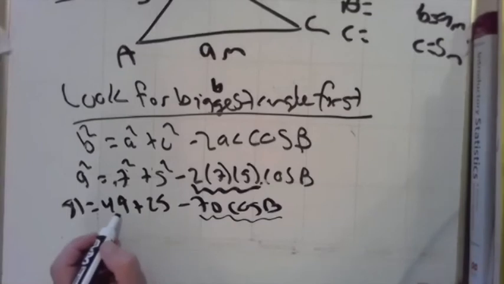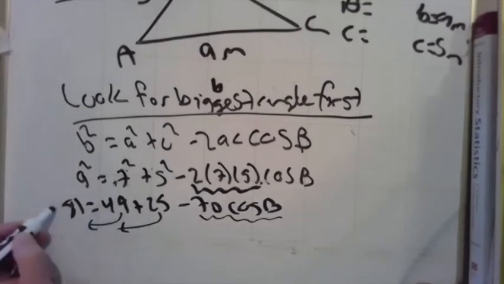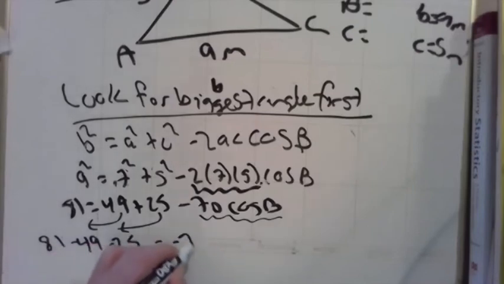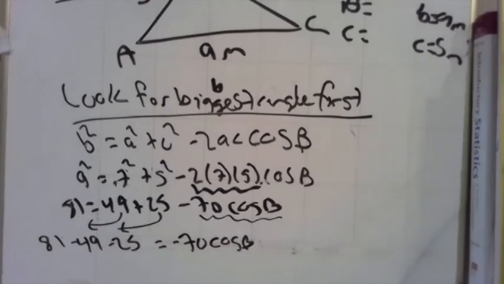So let's move these guys to the other side. So I'm doing 81 minus 49 and minus 25. I'll write it out for you. So let me see what that is. I won't pull it up, but 81 minus 49 minus 25 is 7.